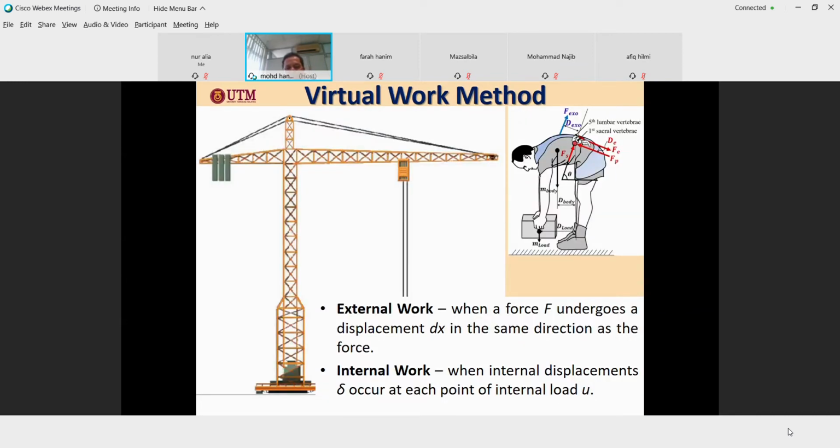This is an analogy. For example, this is a man lifting a load, maybe 0.5 meter, and this one is 10 kilogram. What is the load? What's the work?